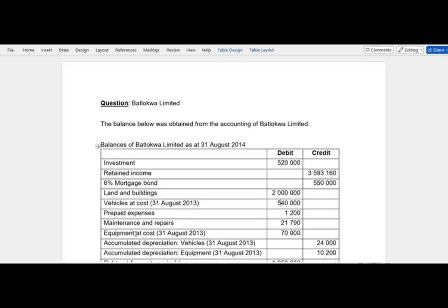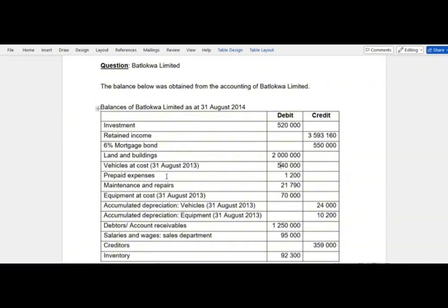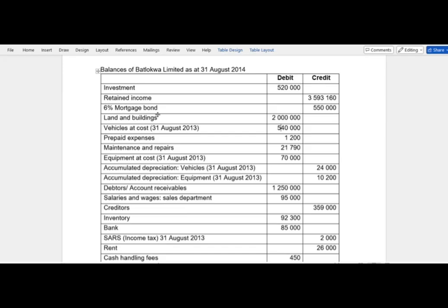So in this case, we are given this information and we've got investments there. Investments are assets, so they cannot qualify to be expenses. Retained income is owner's equity. Mortgage bond is a liability. Land and buildings are non-current assets.